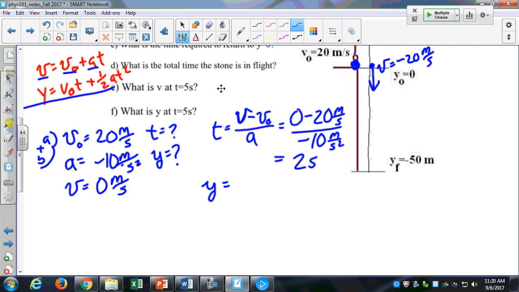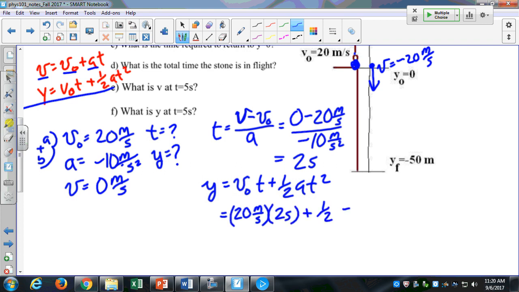In fact, y is equal to v naught times t plus 1/2 a t squared. That is going to be 20 times 2 plus 1/2 of negative 10 times 2 squared. And that gives me 40 minus 20.